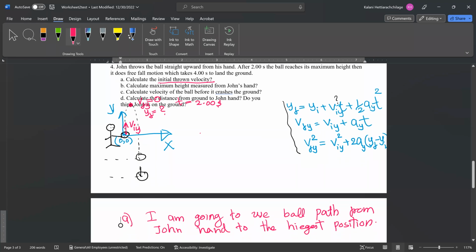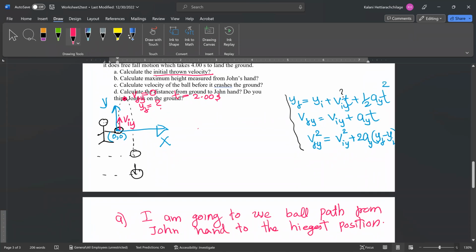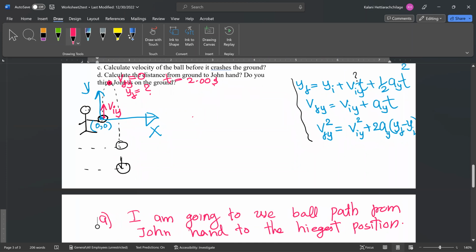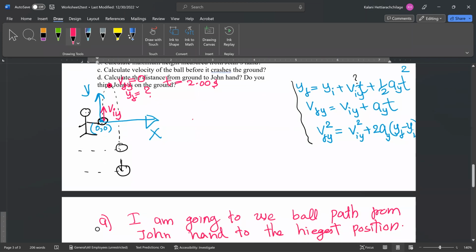So now I need to think which formula I should use to find what? v_iy. I need to find v_iy. So now you can see v_iy is in these 3 formulas, right? But do I know any information in this formula about the y final place?